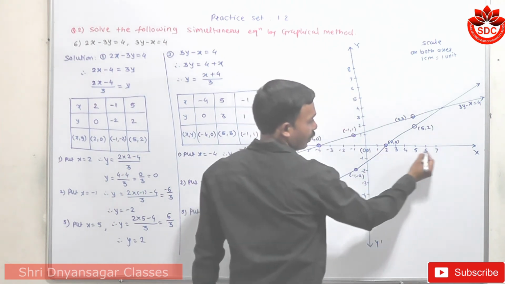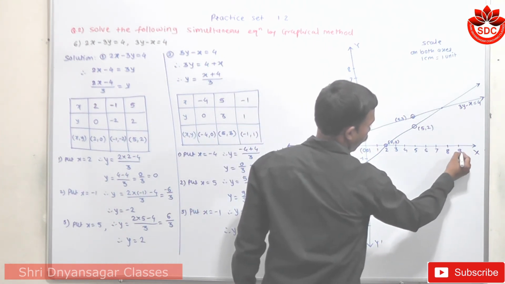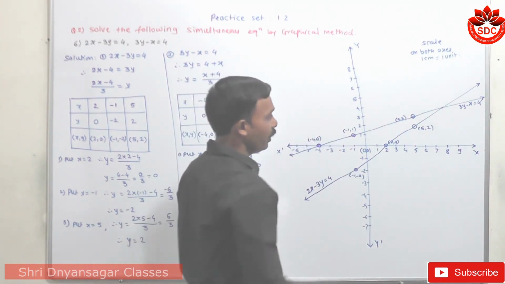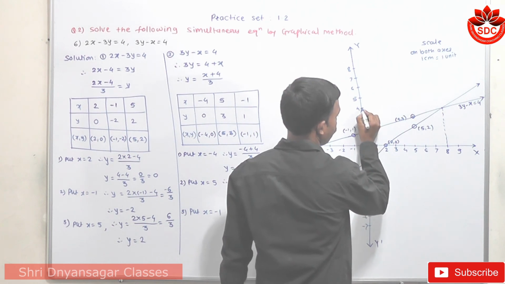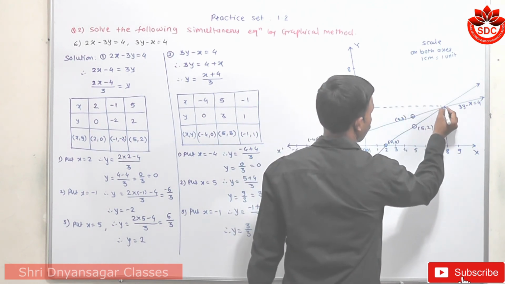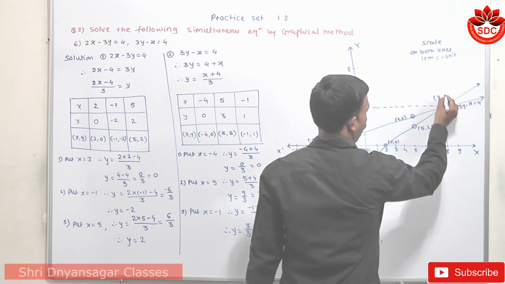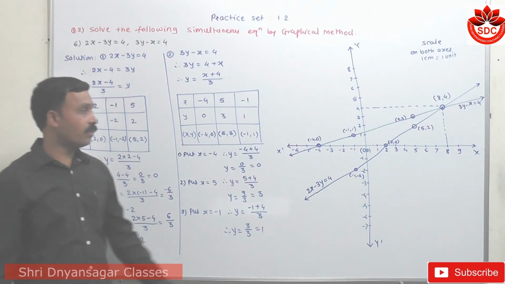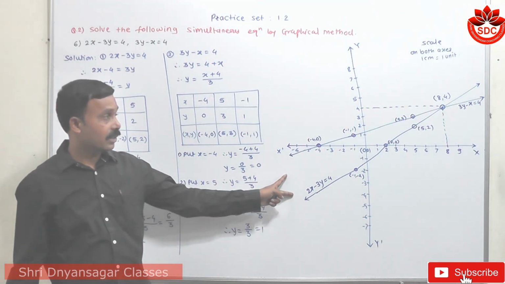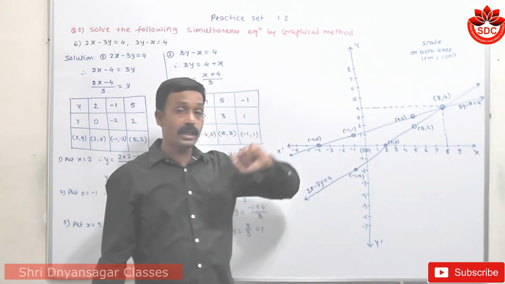I have to write the next numbers also, 8 and 9 here. Now when we look here, this is the intersection point. Suppose the coordinates are 8 and 4, so the intersection of these two lines is 8 and 4, meaning the x coordinate is 8 and the y coordinate is 4.